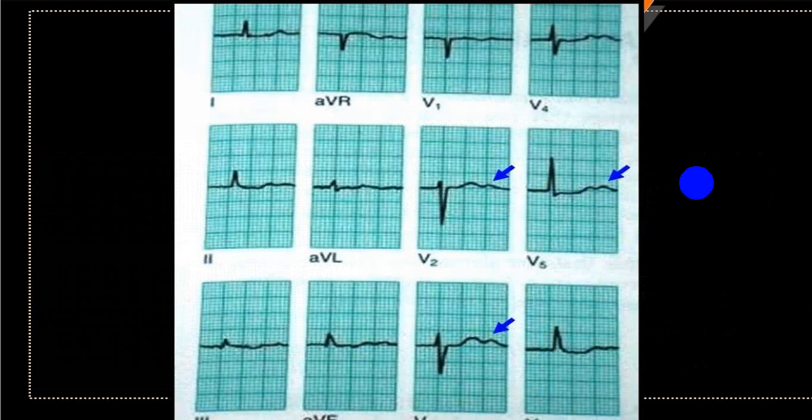Again repeating, upright U wave: bradycardia, hypokalemia, hypocalcemia, hypomagnesemia, and digoxin toxicity. These are of more importance. And there will be few drugs like quinidine, procainamide, amiodarone will also produce upright U wave or prominent U wave.